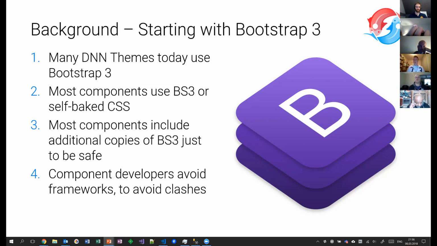A very typical pattern you'll see today is that most components will actually include Bootstrap 3 again, just to be sure that there is a Bootstrap 3 loaded in the page. And other developers decide they're not going to use Bootstrap 3 because it's going to clash with whatever is already on the page. That's already a big problem, right? You're almost standardized on something, and it already causes a lot of side effects.